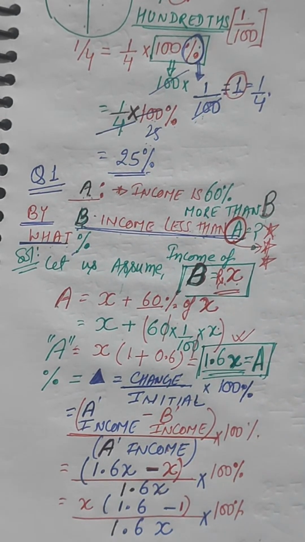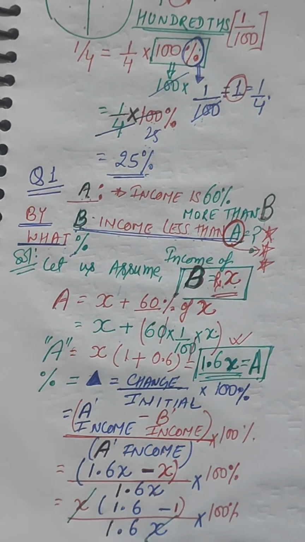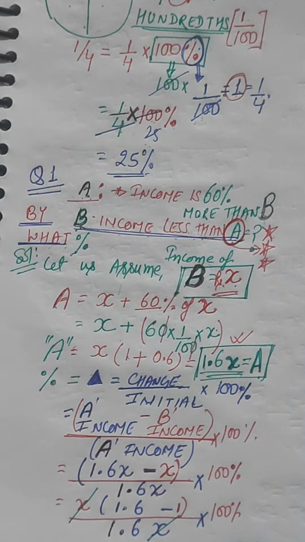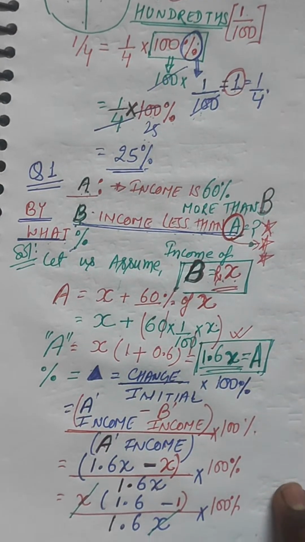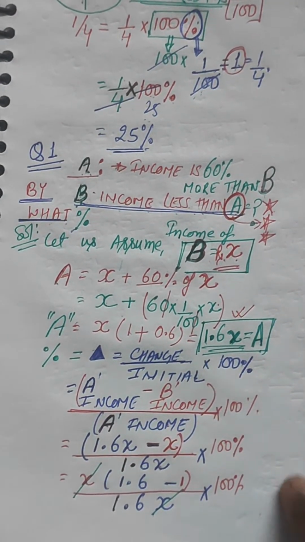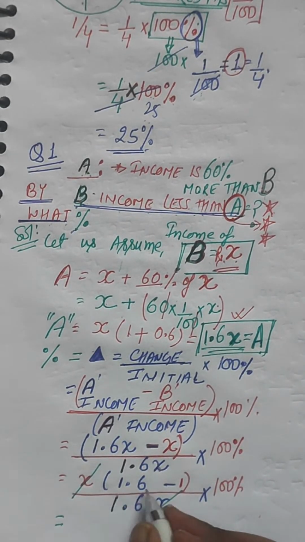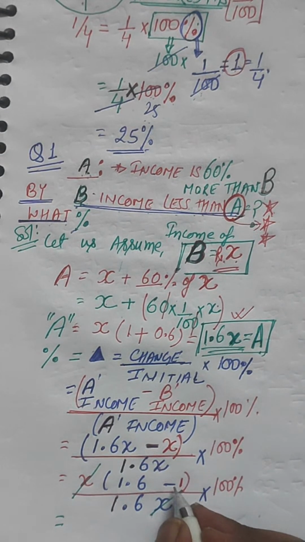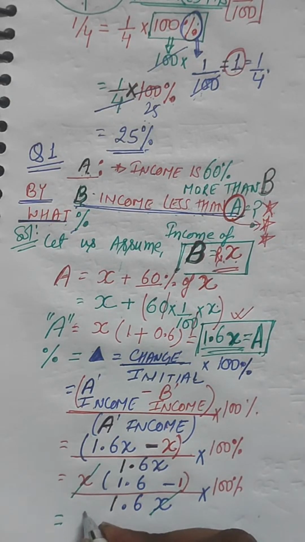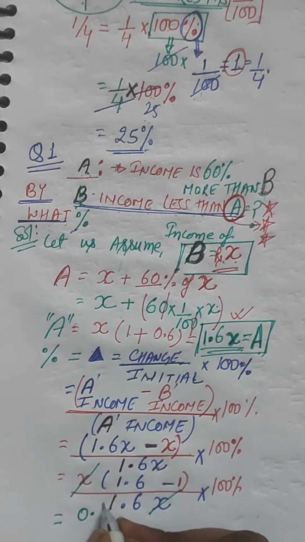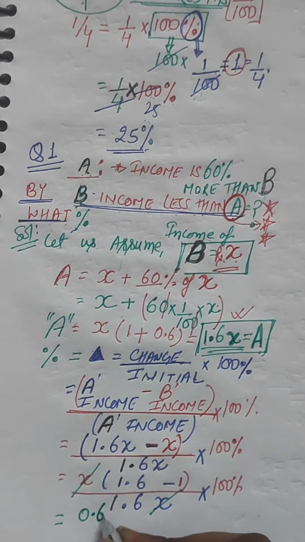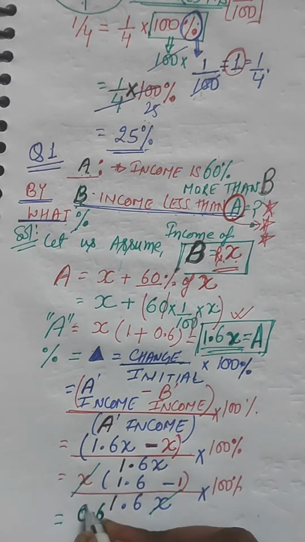Now you can see the beauty here. This x and this x will be cancelled out, right? Then we have some figures with us. Here you can see 1.6 minus 1. This will give you 0.6.